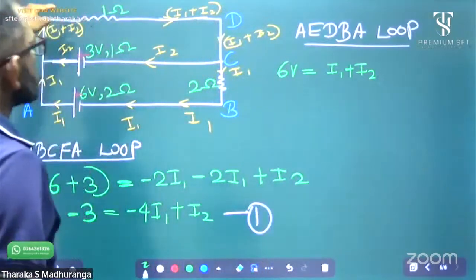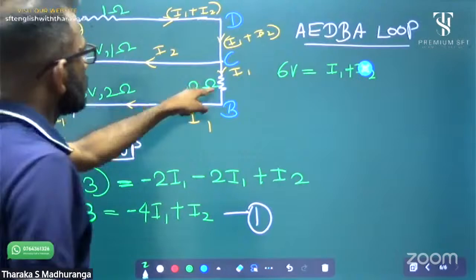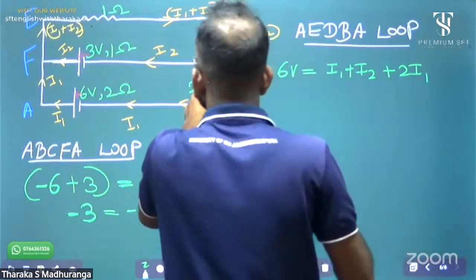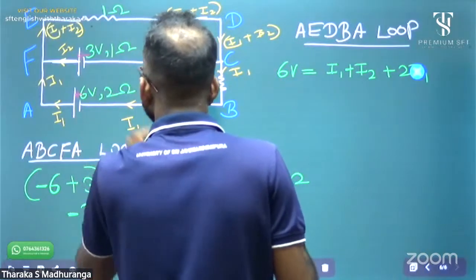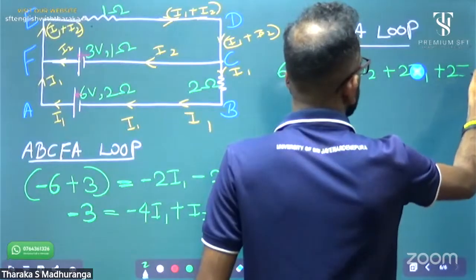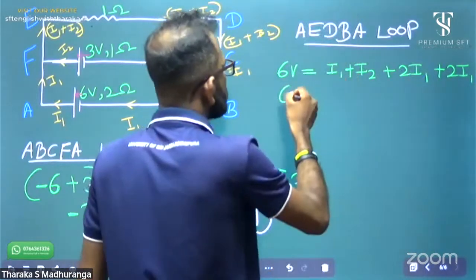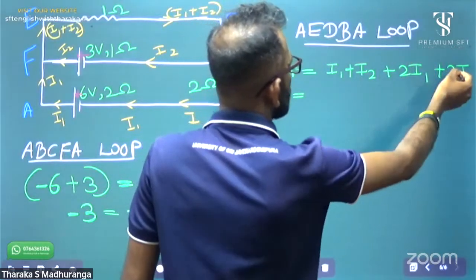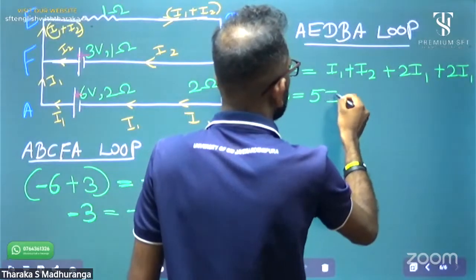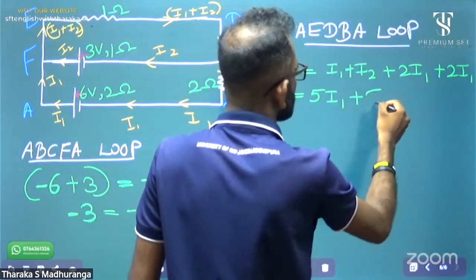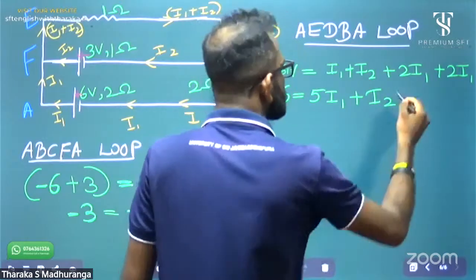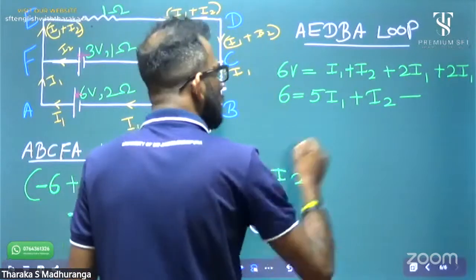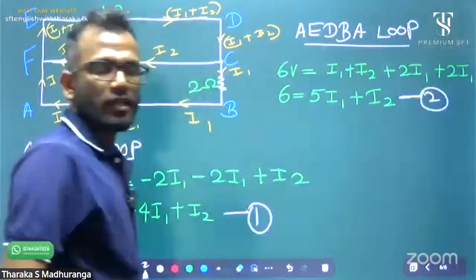No other resistance. Then 2I1, where my direction and current direction are the same, therefore positive. Again 2I1 plus 2I1. So 6 equals 5I1 plus I2. This is my second equation.